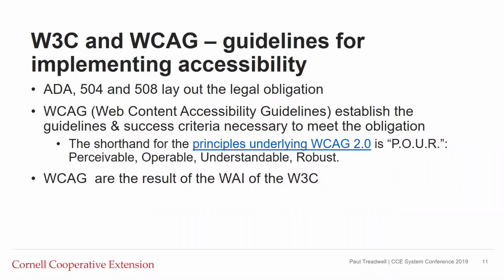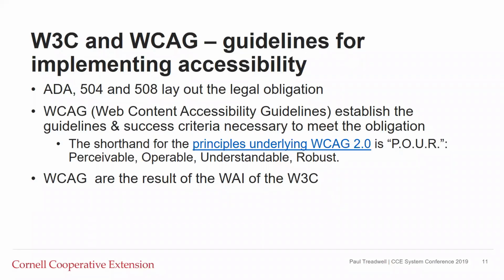When we start talking about accessibility, we have the legal requirements, but then you have to have guidelines that will help you implement those requirements into actual practices. That's where we talk about the World Wide Web Consortium and WCAG. They create the guidelines for implementing accessibility. So ADA, 504 and 508 lay out the legal obligations.